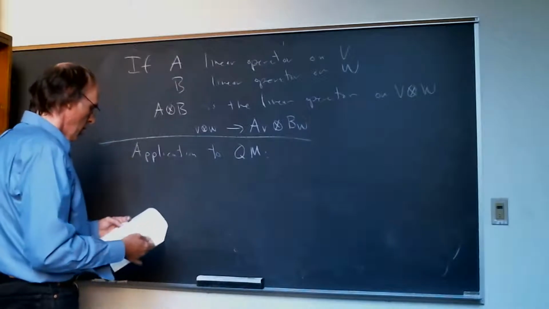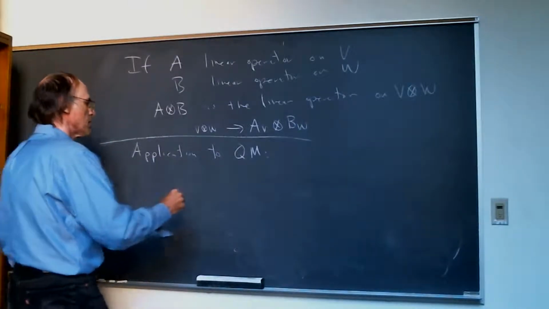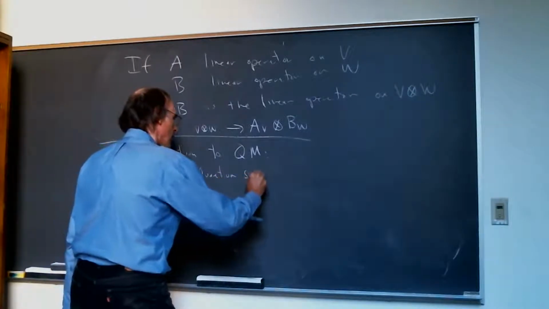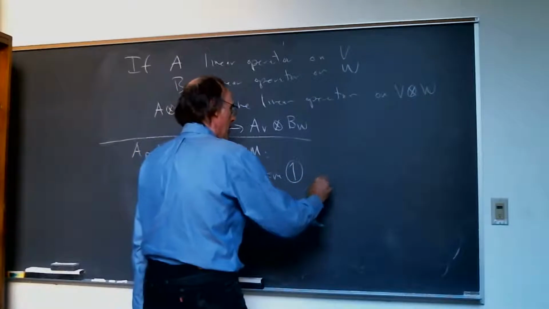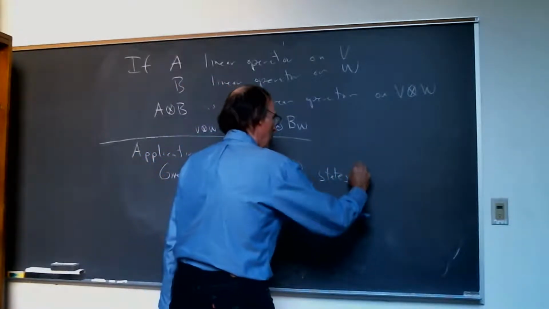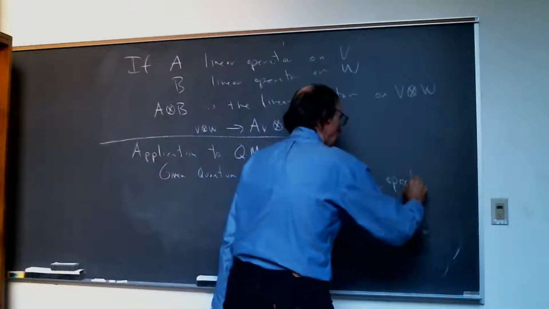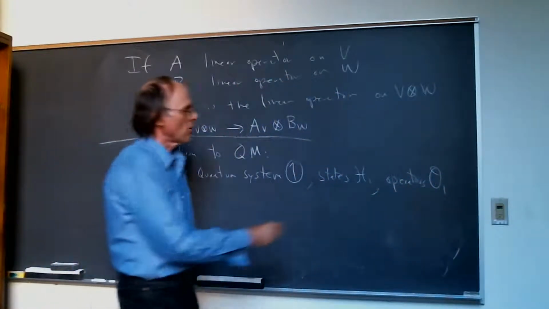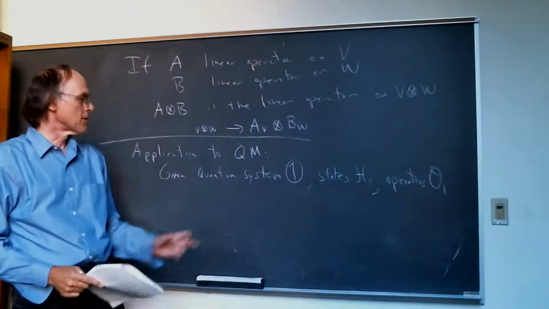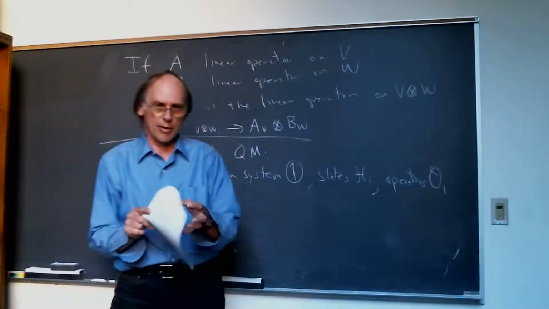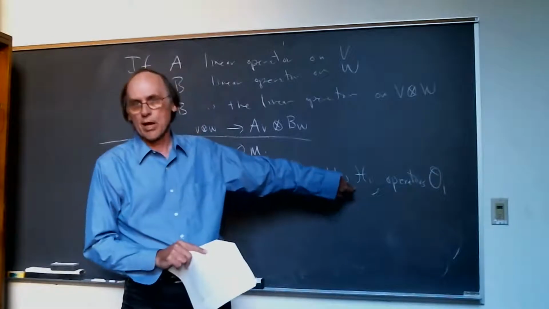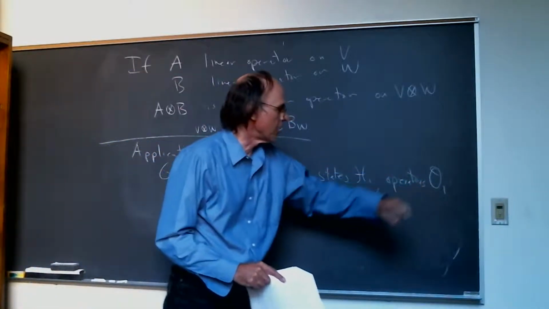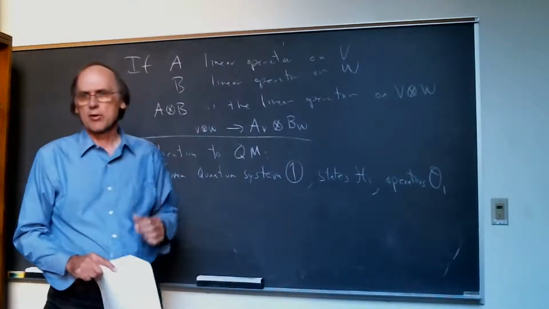Given a quantum system with states H1 and a space of linear operators O1 acting on it, abstractly you should think of a quantum system as a complex vector space with some set of linear operators on it, where the self-adjoint ones correspond to observables.